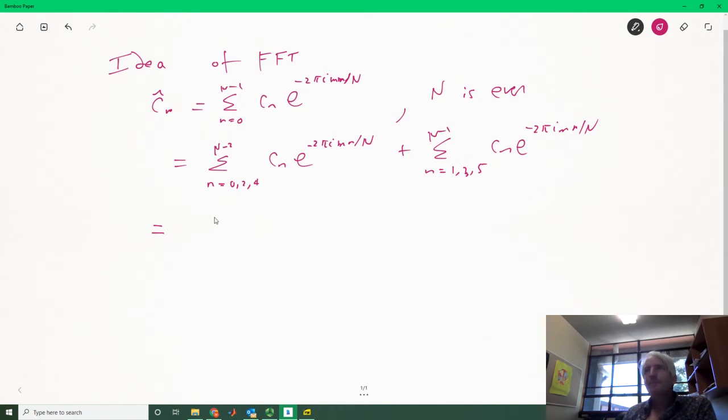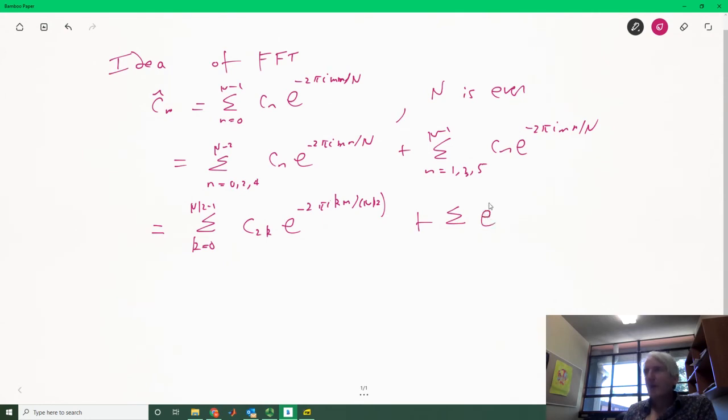So this is just another Fourier transform on half the number of points. It's the sum from k equals 0 to N over 2 minus 1 of c of 2k e to the minus 2 pi i k times m over N over 2. So it's a Fourier transform on half the length. And this is more or less the same.